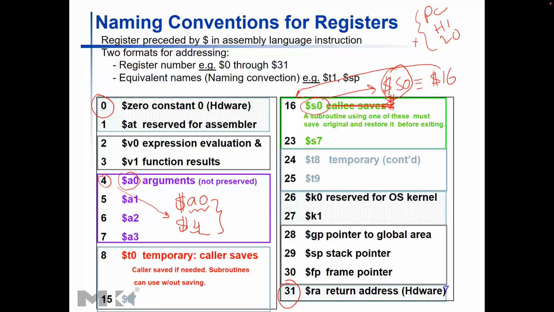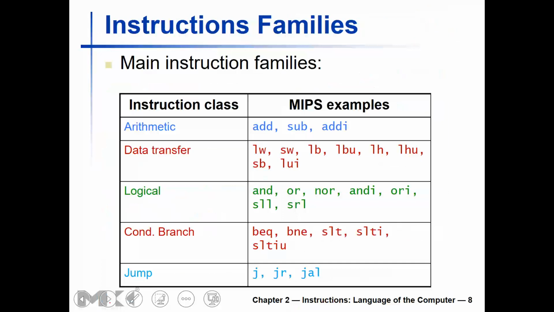So registers, we have 32 registers. Every register is 32-bit, and every register has a number and an alias. We will see more about those registers very shortly.